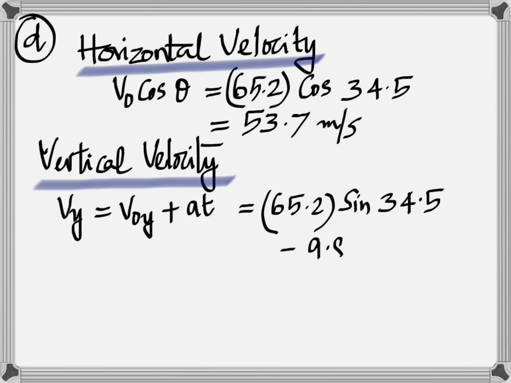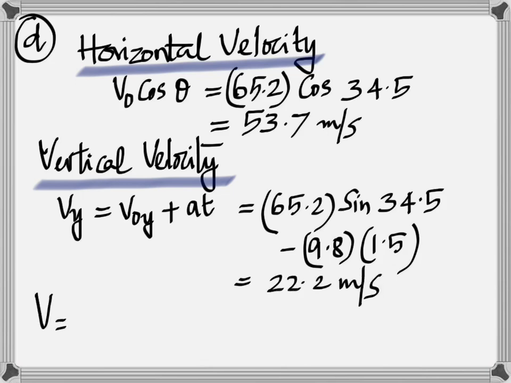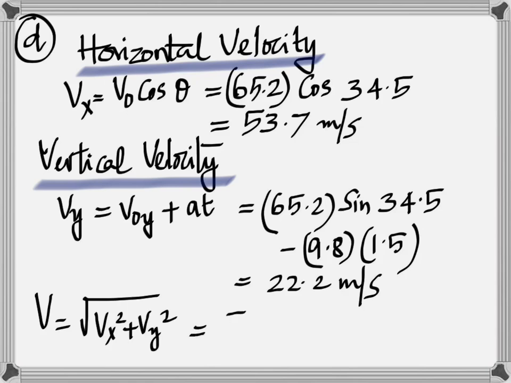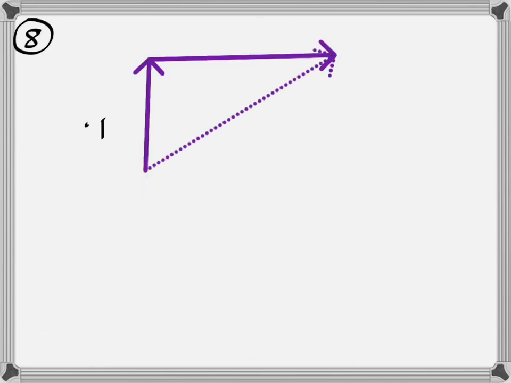Okay, and then you took the resultant of the two. What was your final answer? 58.1. So you squared both up, added them up, and got 58.1 meter per second. And so now we are on, that is the diagram.